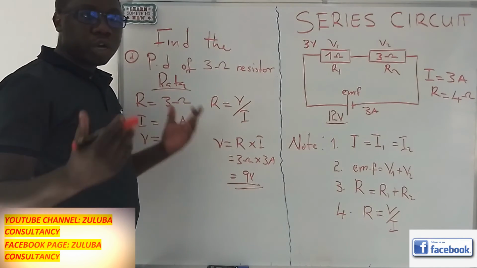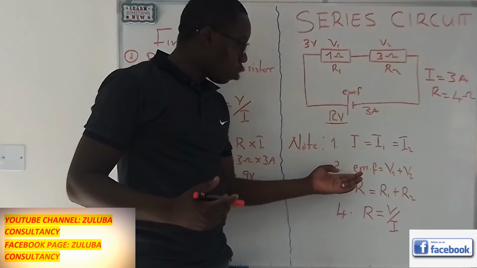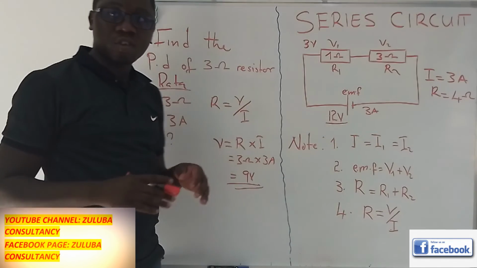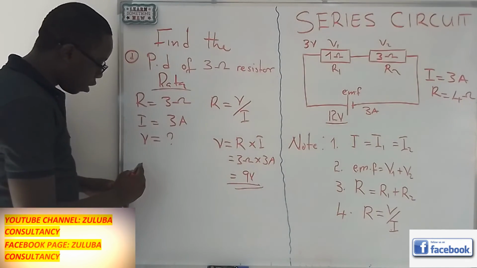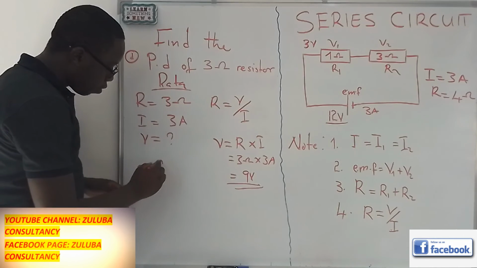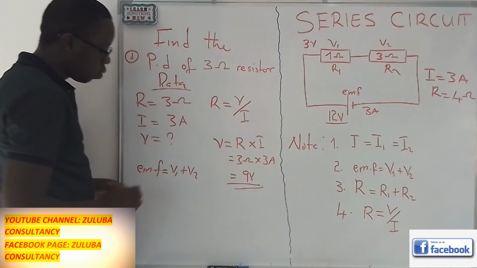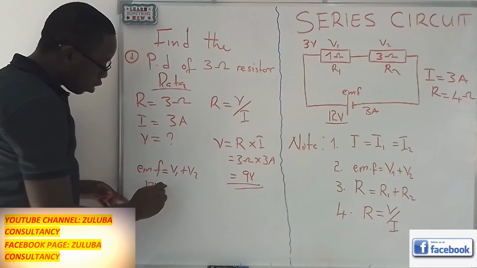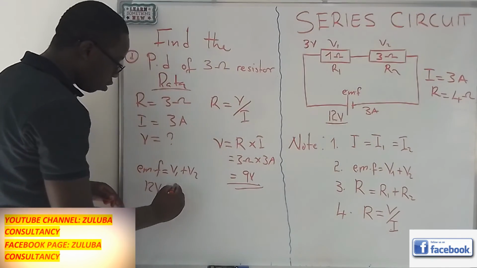With this question, you can also have the second option, where you can use equation 2 to find the PD that is passing through the second resistance. How do you use that equation? We are saying EMF is equal to V1 plus V2. What is our EMF? It is 12 volts is equal to V1. We calculated that it is 3 volts.